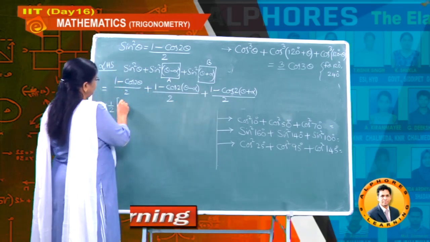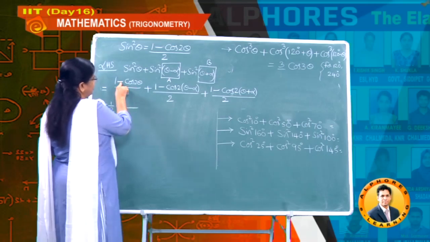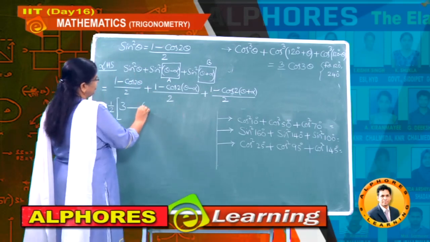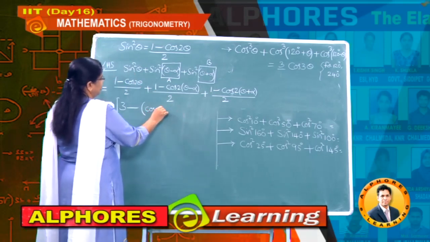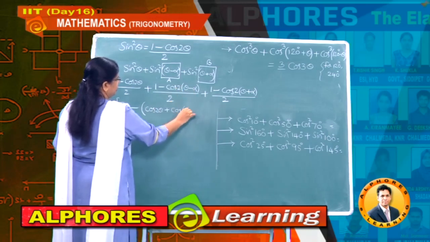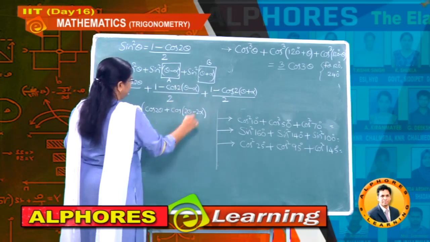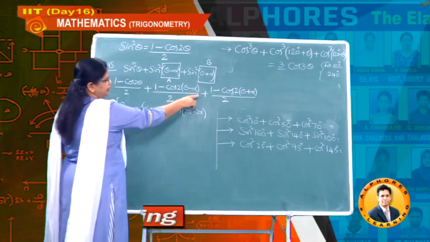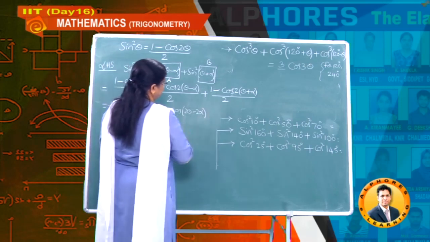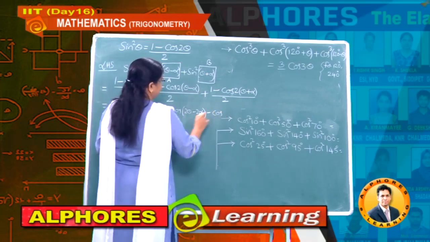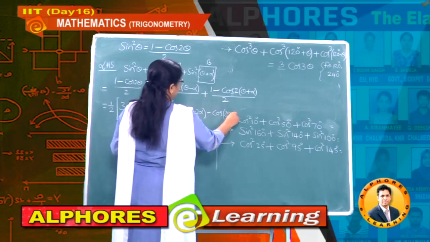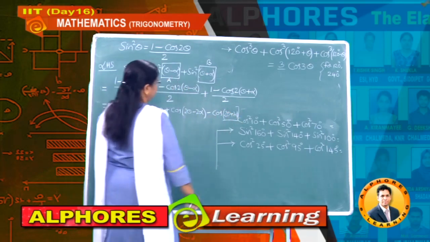Therefore it will become now 3 minus, taking minus of cos 2 theta plus cos of, you multiply inside, that is 2 theta minus 2 alpha, and the next value, minus cos of 2 theta plus alpha, okay students, so 2 theta plus 2 alpha. So this is the value you are having.